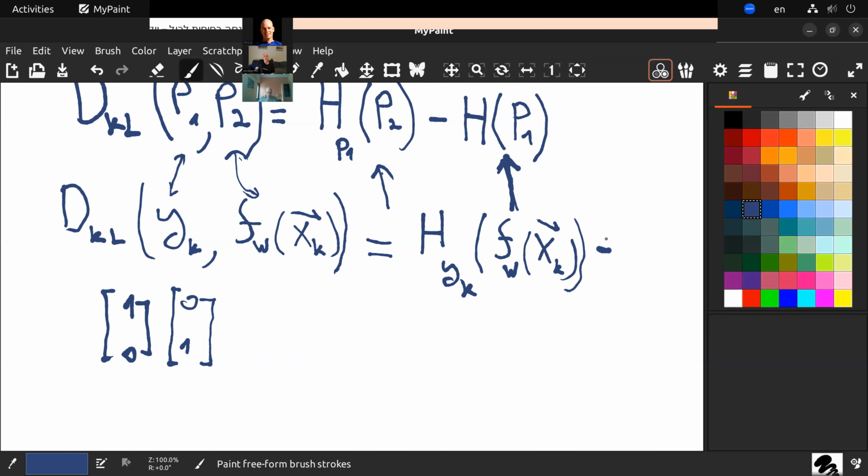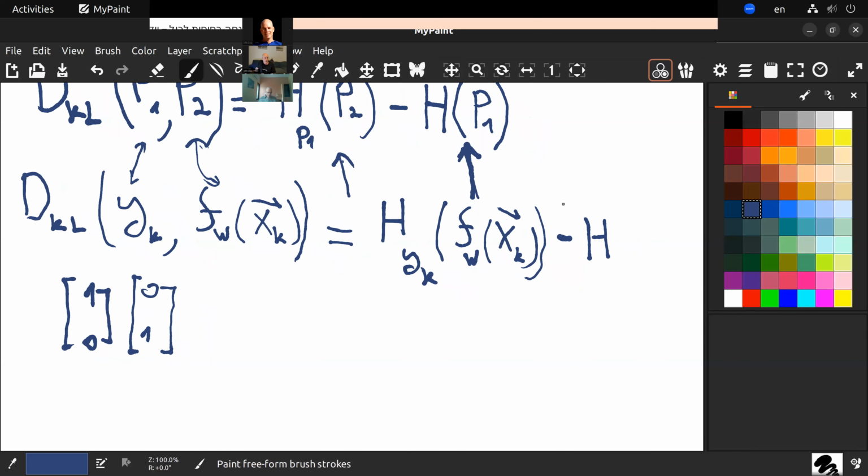I did that only to show you that everybody talks about cross entropy, but it's actually DKL. Okay. DKL is defined by cross entropy. You can say that. Just a minute. And this is H of YK, right? And this is 0, right?